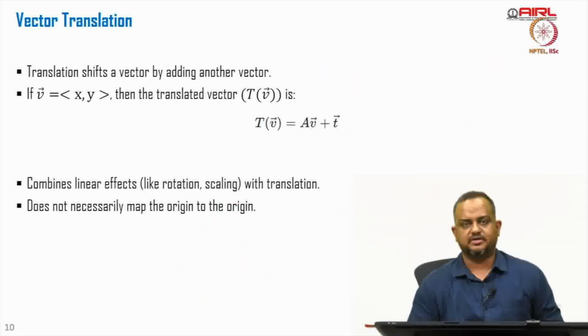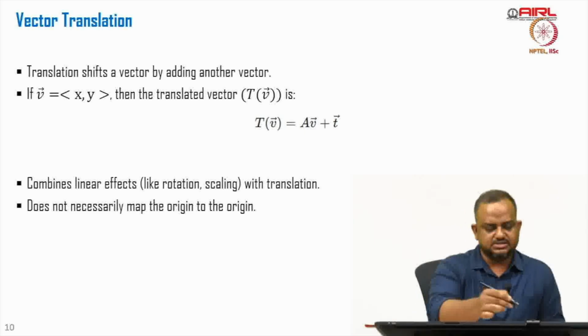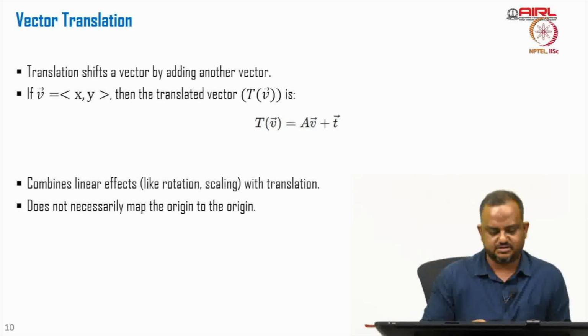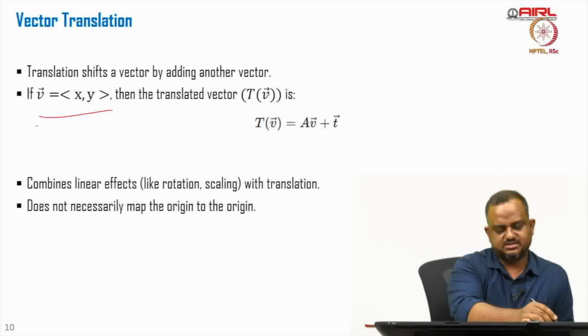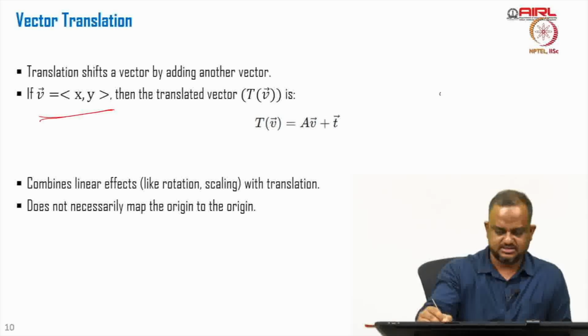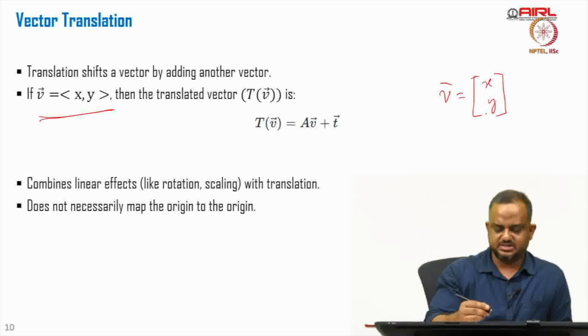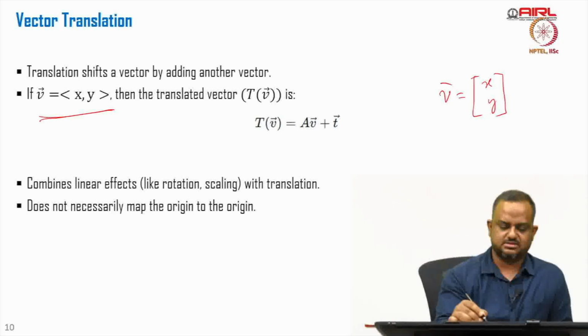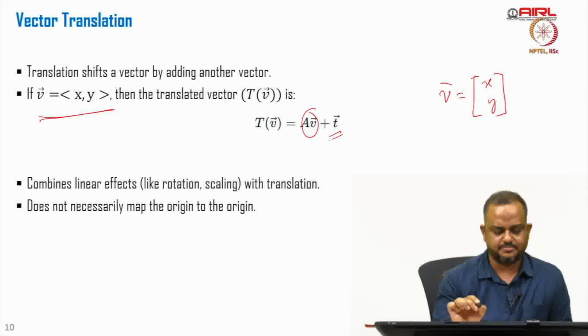Now comes vector translation in 2D. In general, we will first show what the representation is. So translation shifts a vector by adding another vector. Now if a vector v is given as x and y, when we translate it, it will be something like this. There will be a linear transformation and then one added term.